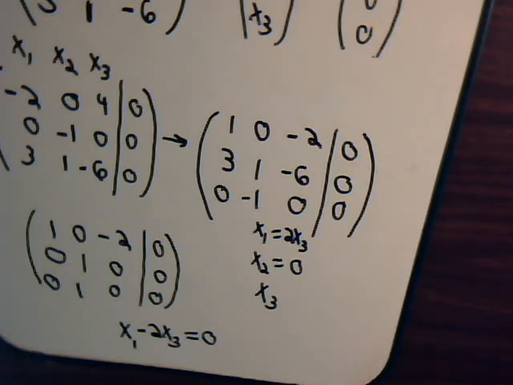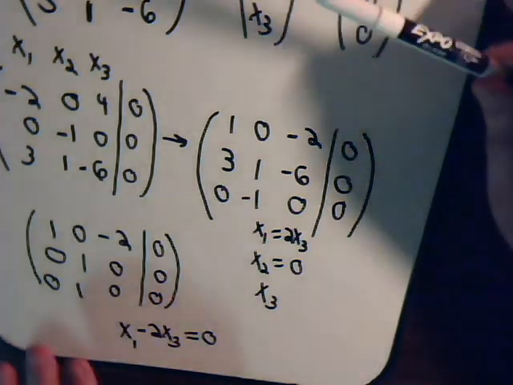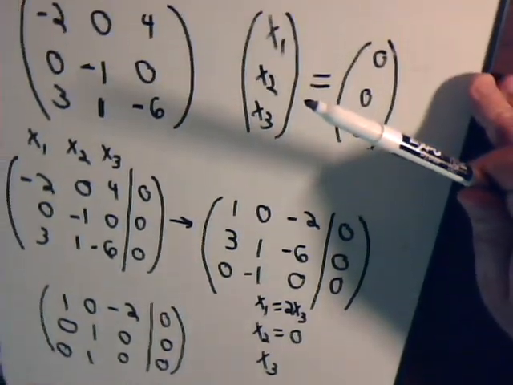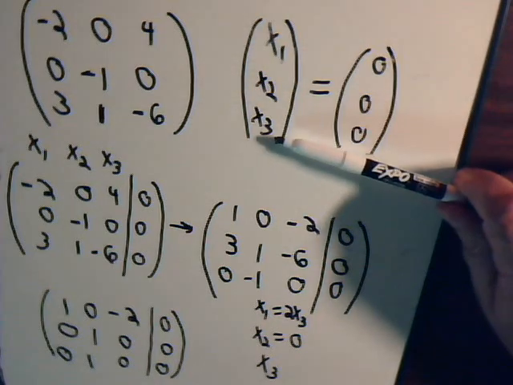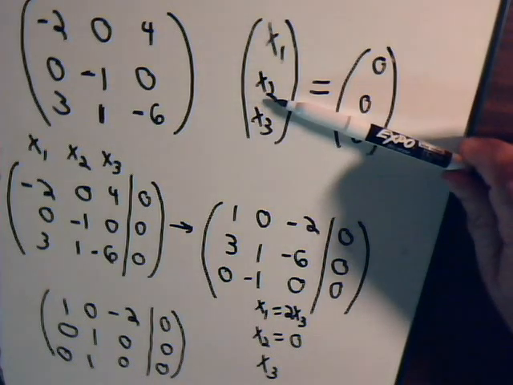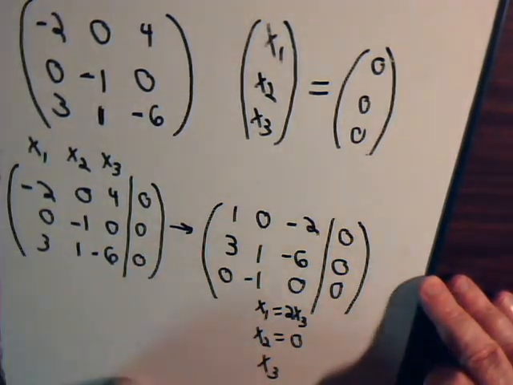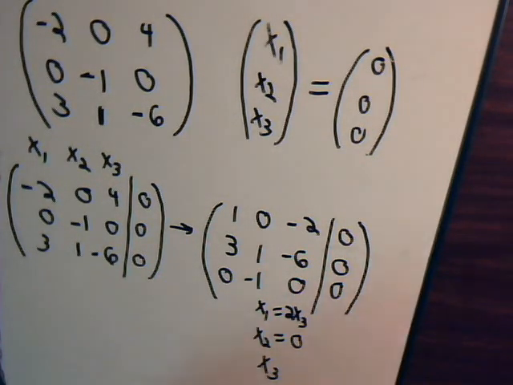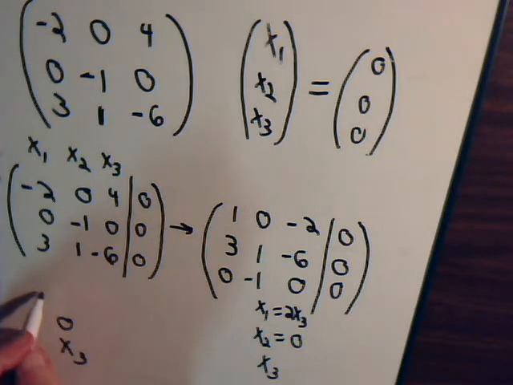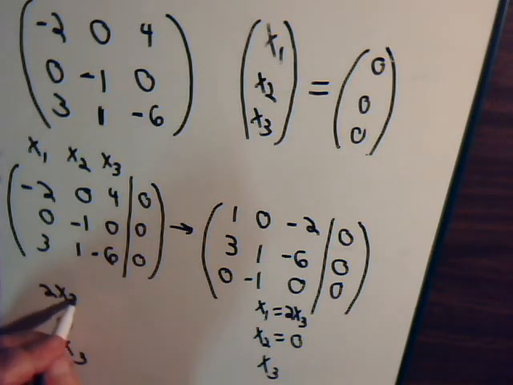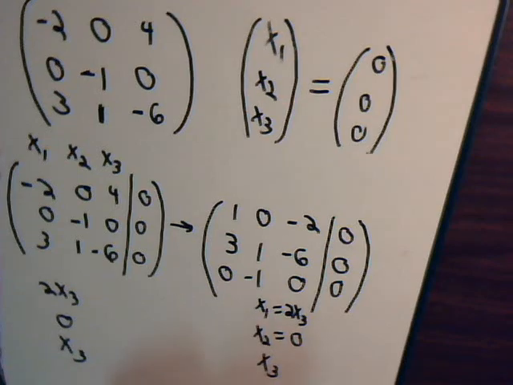Okay, so with our vector here, x3 can be anything. That's 0. That's 2 times x3. So that would be the eigenvector: x3, 0, 2 times x3.